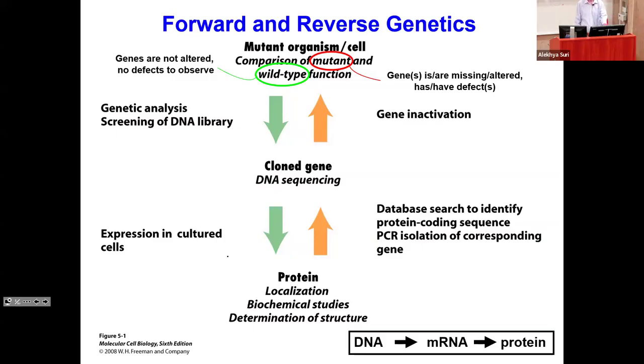So further work would be to look for localization, to see, okay, this novel protein is localized in, for example, the nucleus, mitochondria, and so on. You may do biochemical studies. Say this unknown protein may have similarity to, for example, a DNA helicase.